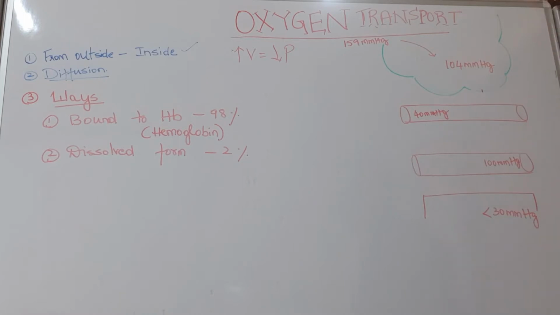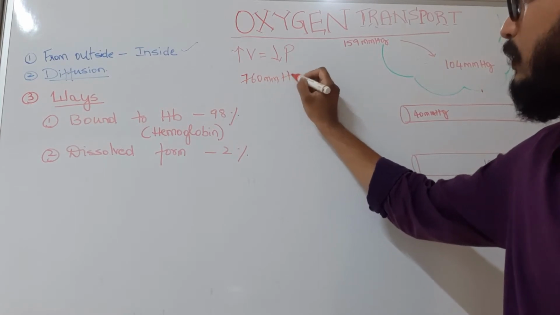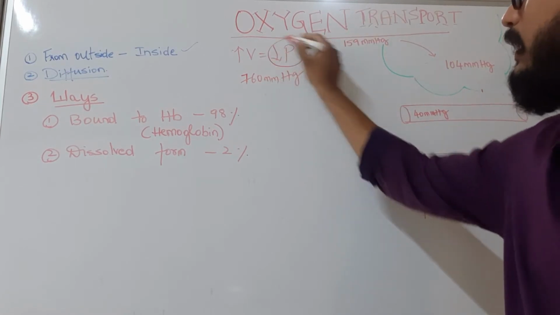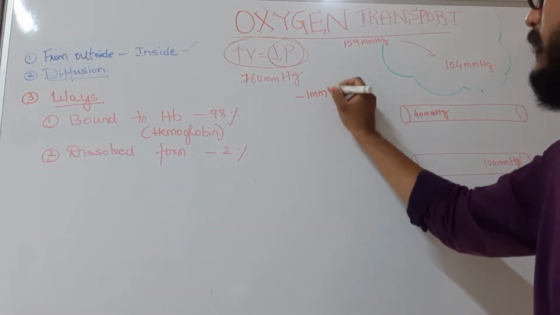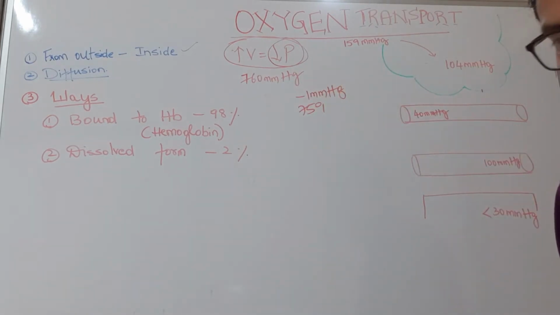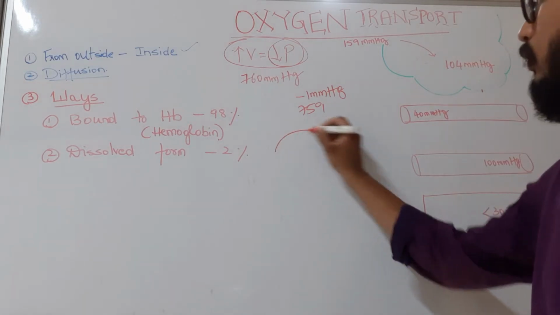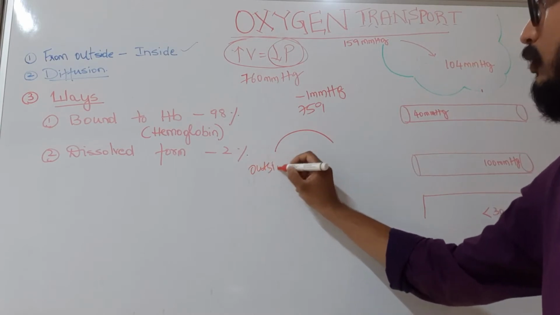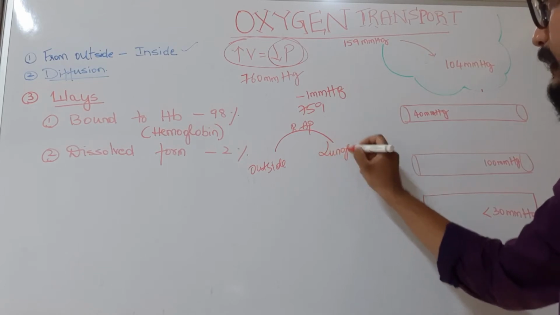So, the pressure of the air outside in the environment was 760 mmHg, which is reduced inside the body through this mechanism according to Boyle's law to minus 1 mmHg, or 759 mmHg. So, it is lesser, and we already know that gases move from the area of higher pressure to the lesser pressure. So, the air will move from outside through the respiratory apparatus and reach the lungs, that is, the inside of the body.